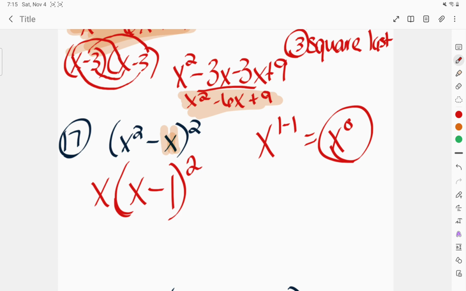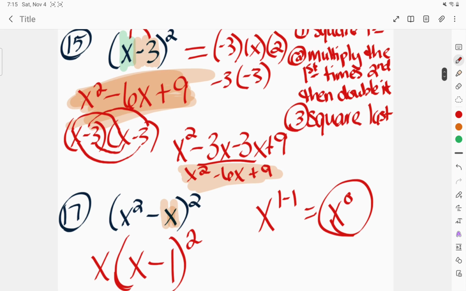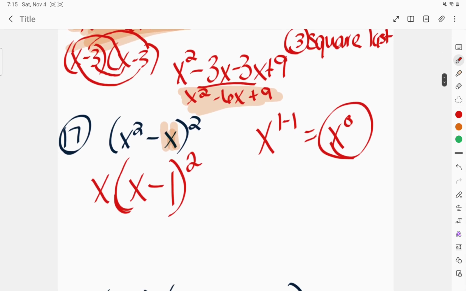Okay, so again, you can do it one way or the other. You can do the step by step, square the first, multiply the first times the second, then double it, square the last. Or you can write it out, whichever way is easier for you. Just don't forget about that x in the front in your final answer, I mean.